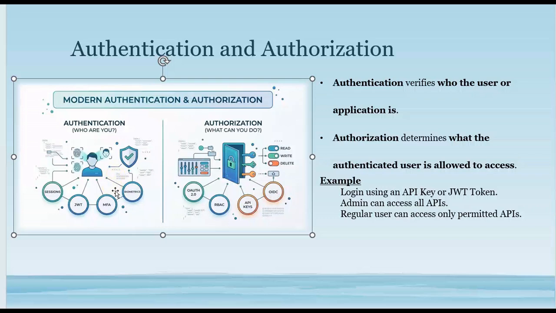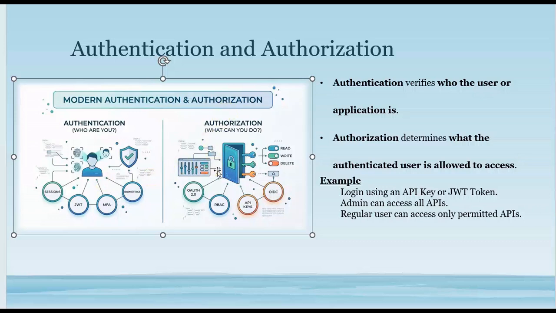It is the process of verifying a user's identity. This can be done using methods like passwords, biometrics, sessions, JWT tokens, or multi-factor authentication. In simple words, authentication checks if the user is genuine.